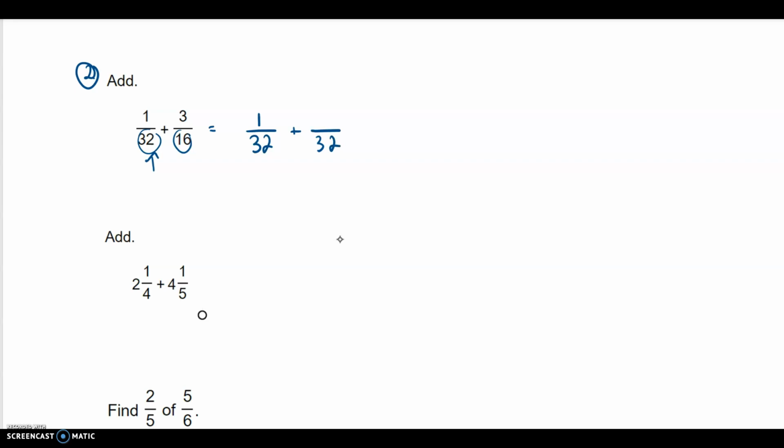I don't change the first fraction, but if I multiply 16 by 2 to get the LCD 32, I have to do the same to the top and bottom. So 3 over 16 is equivalent to 6 over 32. We just unsimplified the fraction, and now we can add them together.